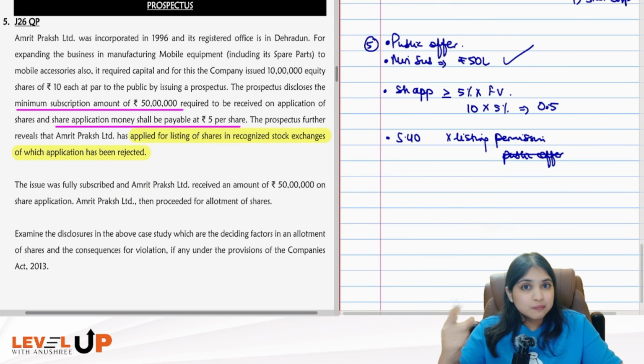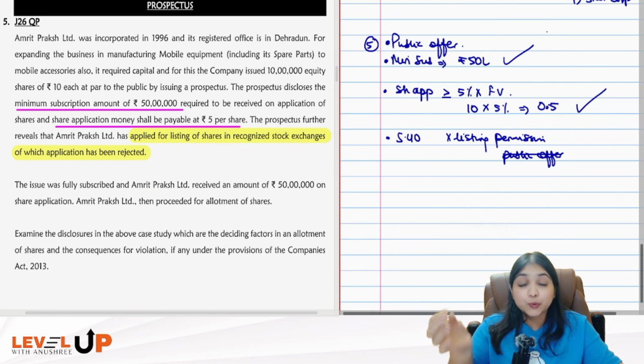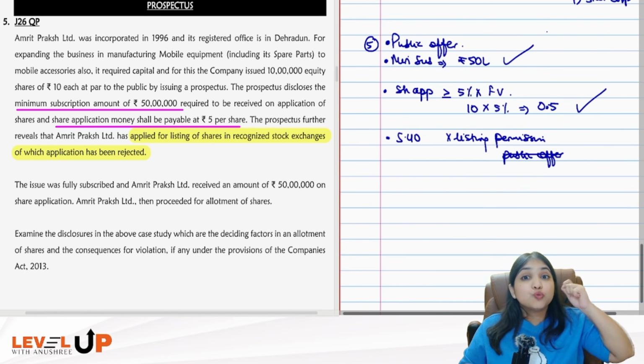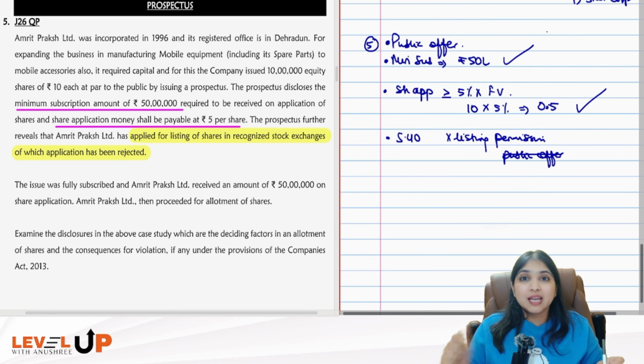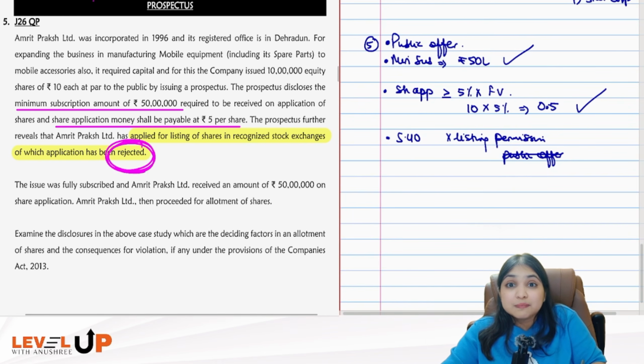My minimum subscription has been met. My share application is minimum 5% of the face value. But section 40 has been violated over here. Section 40 clearly says if the company wants to make a public offer, first the company has to get listing permission from all the stock exchanges. Wherever the listing application is submitted, we have to get listing permission. Only then we can make the public offer. But for this company, the listing application has been rejected.